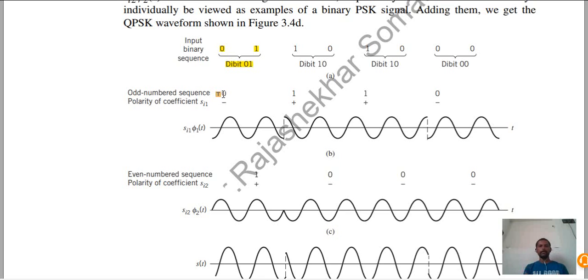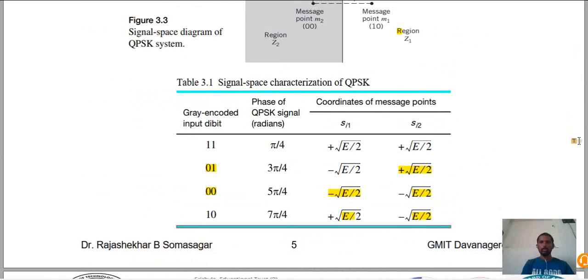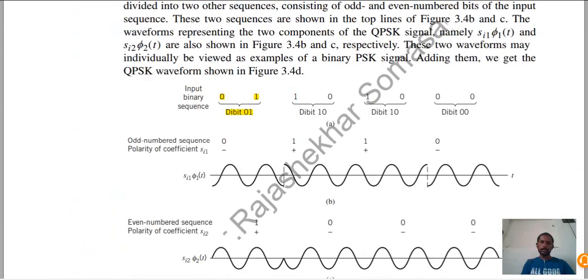Going through table 3.1, we draw the odd number and the even number. Here SI1 acts as the odd number and SI2 acts as the even number. Based on these dibits, we can draw the waveform for the odd numbered sequence and the even numbered sequence.